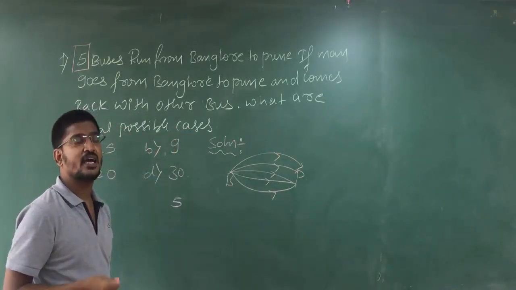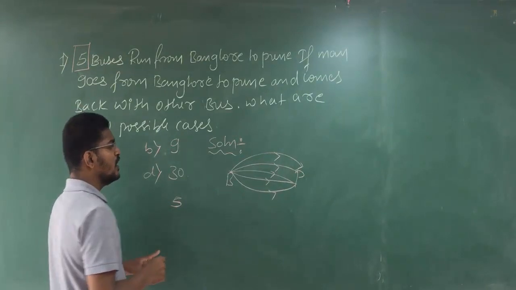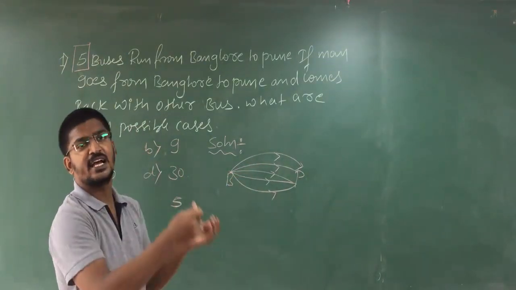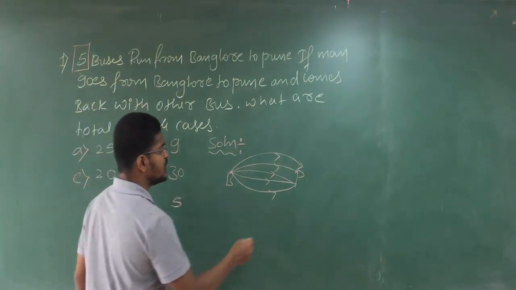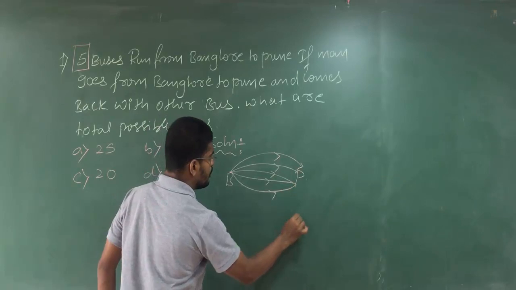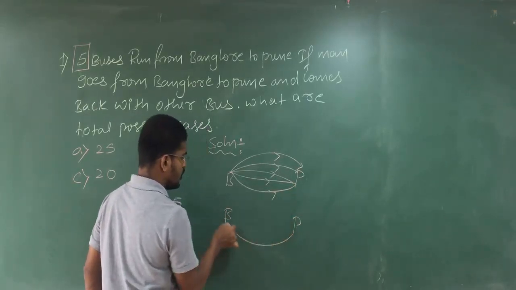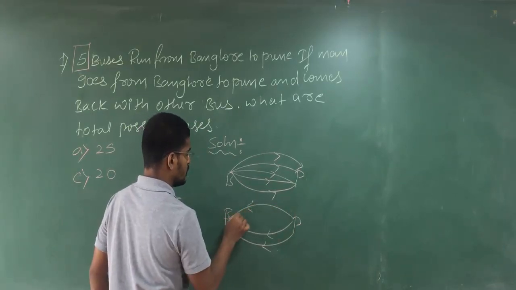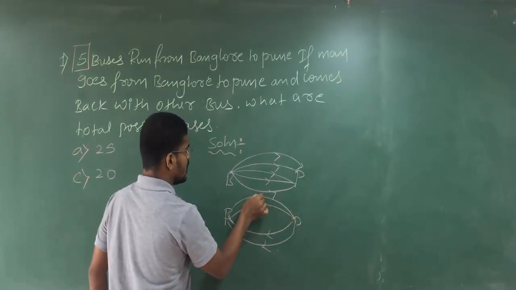While coming back, if he goes with 1 bus and he leaves that bus and he comes with the other 4, that means he has again 4 ways from Pune to Bangalore. Clear, students?